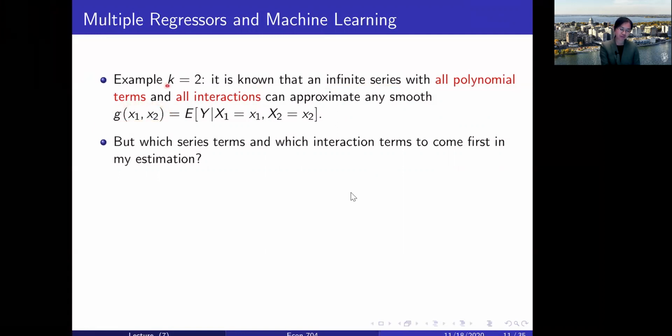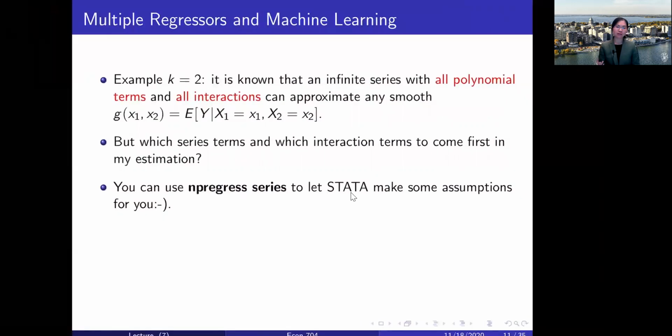However, when you have two or more explanatory variables, all polynomial and all interactions, it's kind of very messy. Which ones to include, which ones to include first? It's not so easy to decide. You can use npregress series to let Stata make some assumptions for you. It's not very clear that those assumptions are super reasonable.